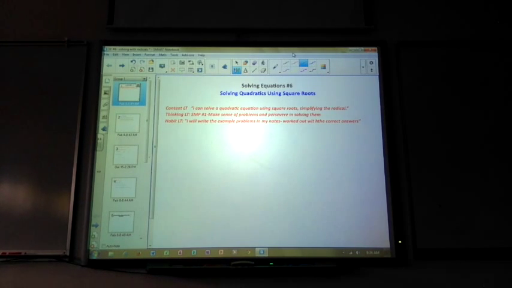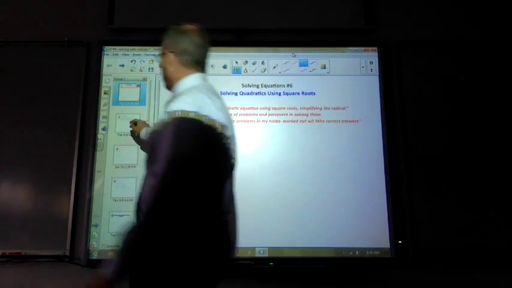That means if you get the square root of 8, you break 8 down to 4 times 2, so you get 2 square root of 2. And then make sense of the problem and persevere in solving them. Great. I will write the example problems in my notes, worked out with the correct answers.